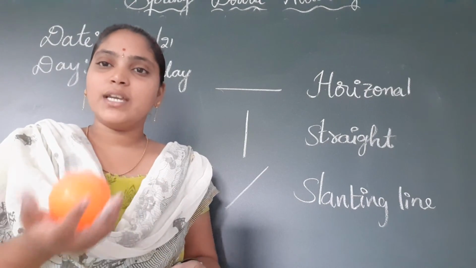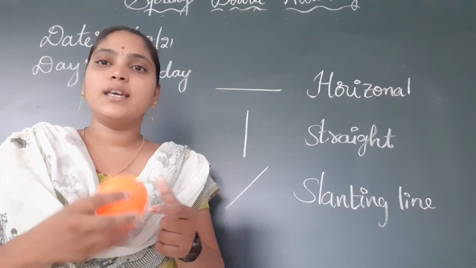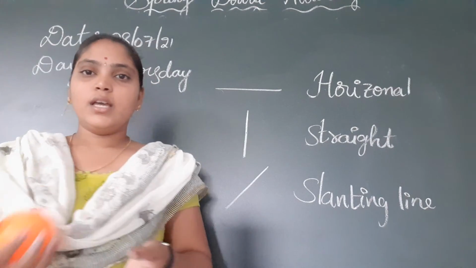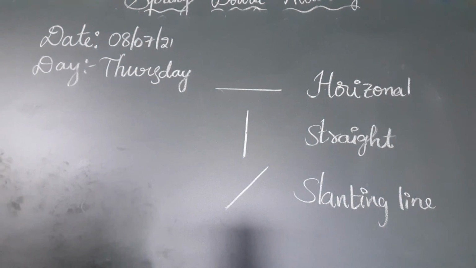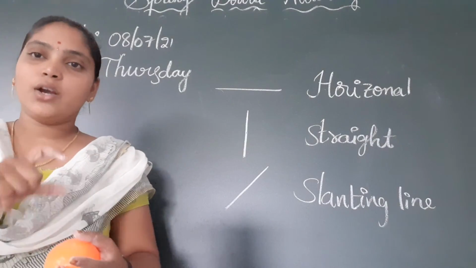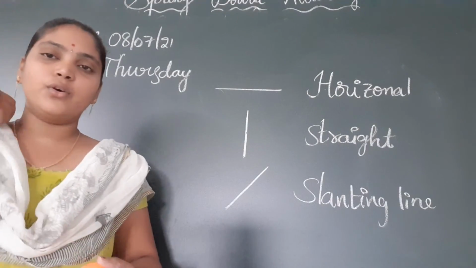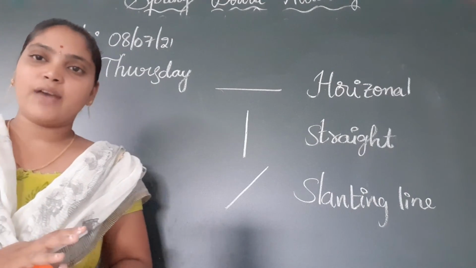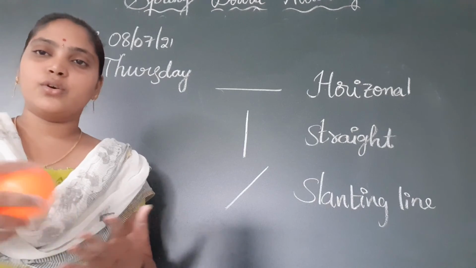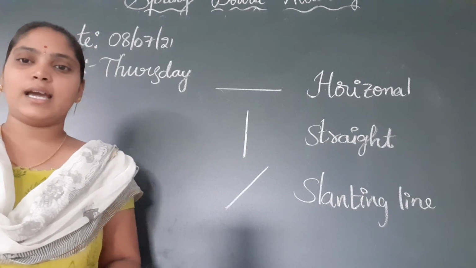Does a sphere have curved surface or flat surface? Yes, a sphere has a curved surface, children. So it rolls. And one more shape, children, cone. We have learned about cone. So a cone also has both flat surface and curved surface. So a cone rolls and slides.